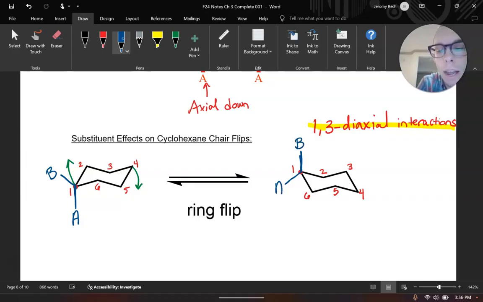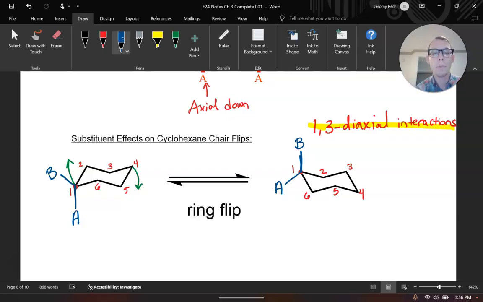A was the thing that was down, so A is going to remain down. So my B in my original structure is an equatorial up. In my ring flip, it is an axial up. In my original one, my A was an axial down, and it becomes an equatorial down in the ring flip.